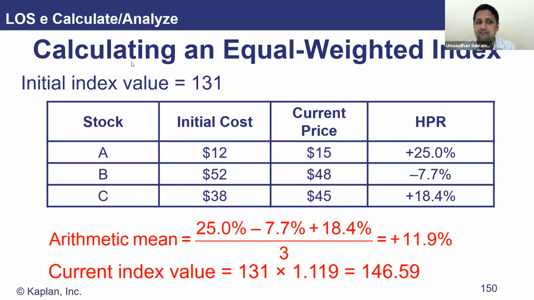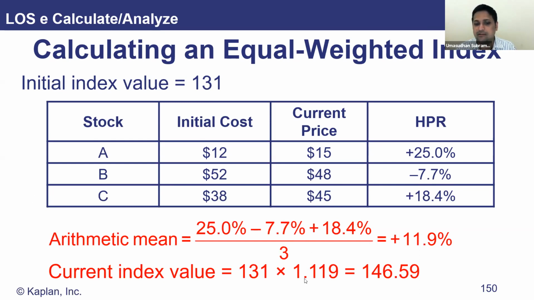Now look at this. Your previous index value, the initial index, is 131, and the average growth of the index is 11.9%. So what is your revised index? Your revised index is 131, the previous index, times 1.119. What is this 1.119? That's 11.9% growth.